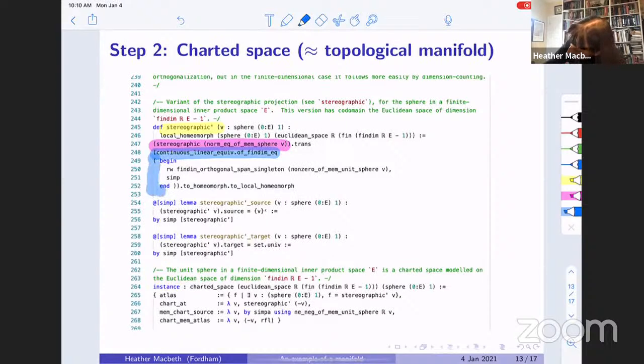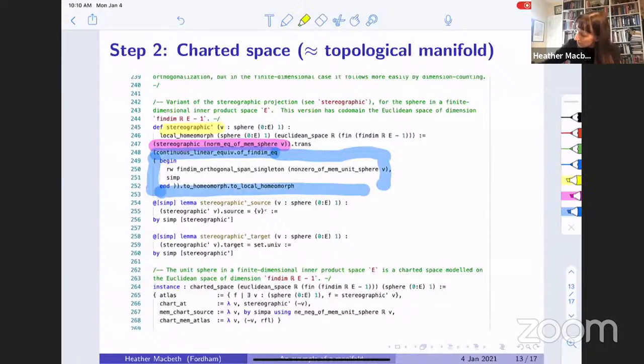Put together, this gives us the actual charts that I use to make the manifold a charted space. And you can see now everything is very, very simple. You have this set of modified stereographic projections as our atlas. We put the chart at each point as the stereographic projection from the antipodes at that point. And there it is. Nothing could be simpler.